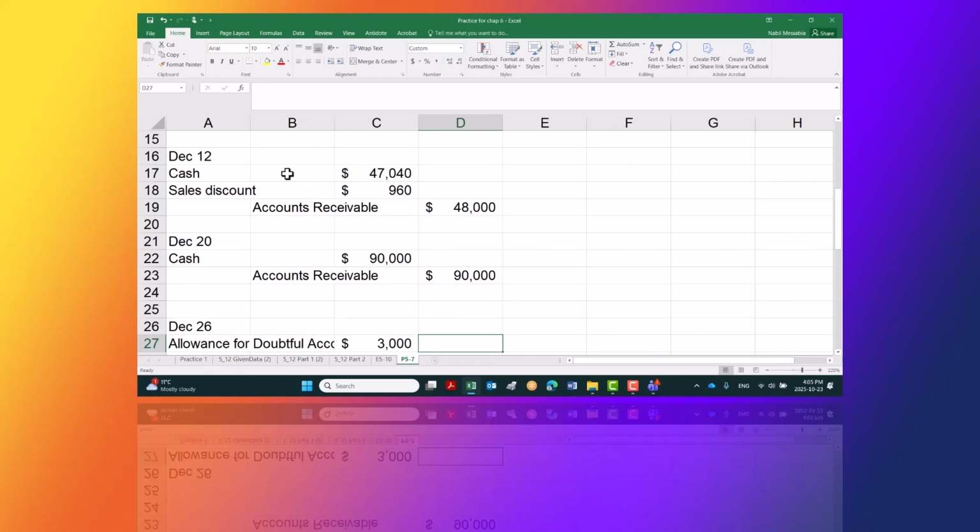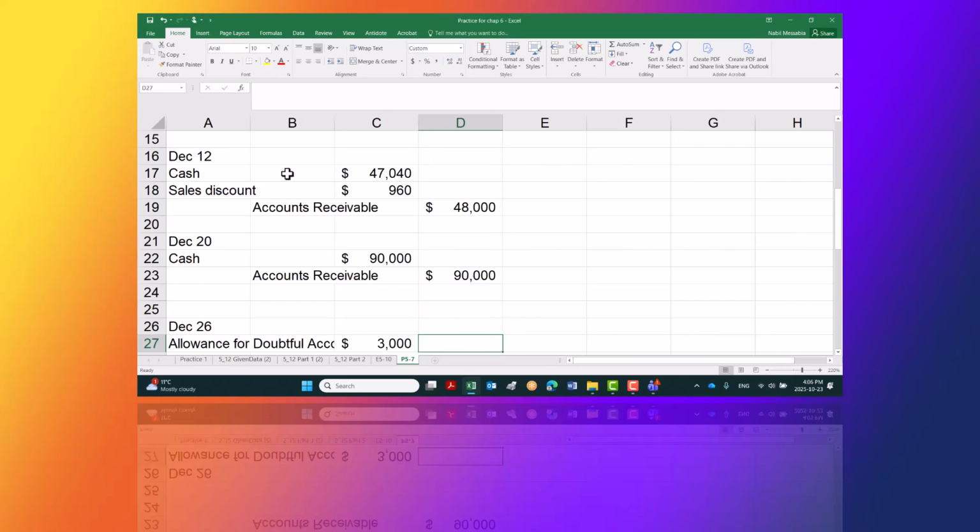Now, just to save a few seconds and do it smartly, 48,000 on debit and 48,000 on credit simply means you can just remove them, right? So that you don't add the 48,000 when it will be removed anyway. And then receivable, credit side, $90,000.